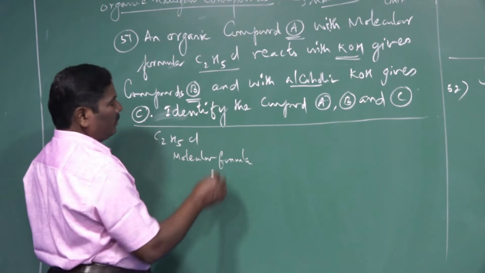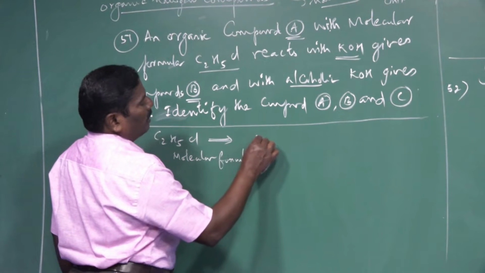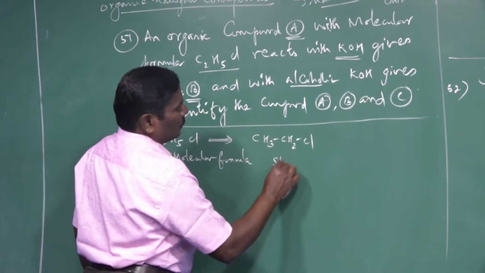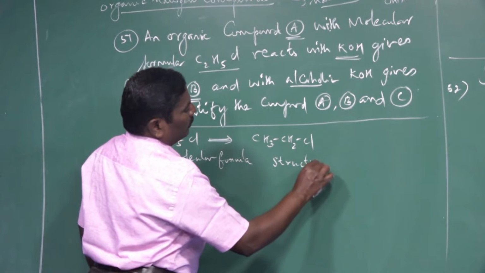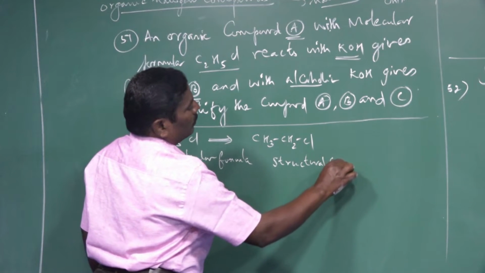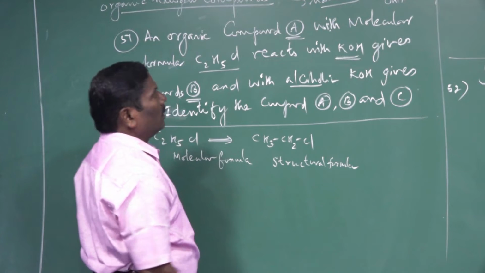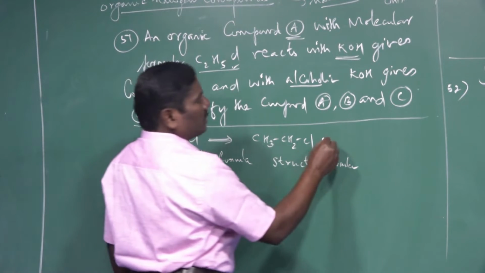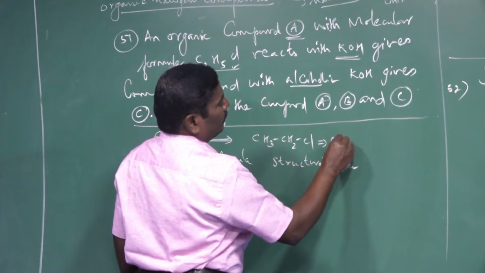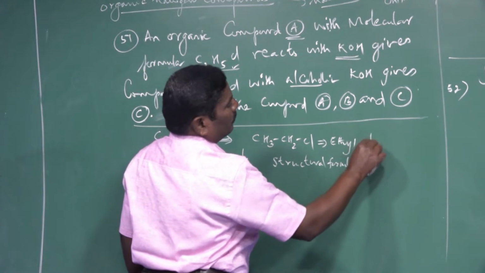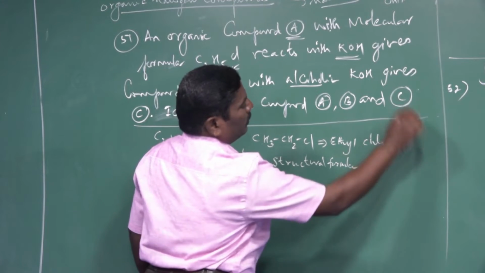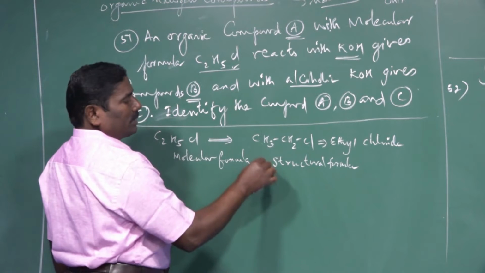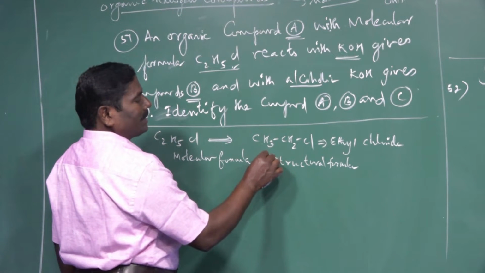You have to write it in structural formula, CH3CH2Cl. Now the compound CH3CH2Cl is called ethyl chloride. Ethyl chloride reacts with KOH. This KOH is nothing but aqueous KOH.